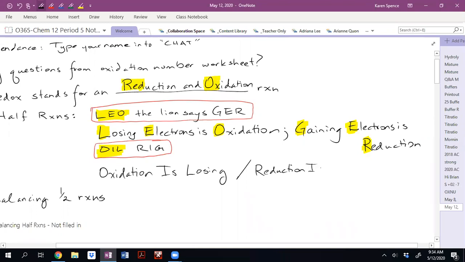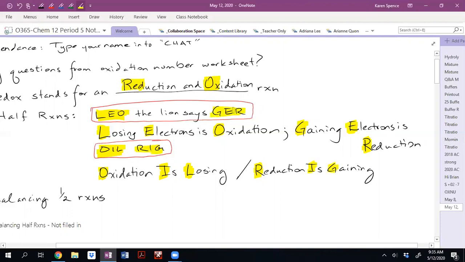Is, I for is, and G for gaining. I will let you know right now, when I was in high school, I learned Leo the lion says grr, so that's the one I will tend to use. But if you like oil rig better, that's perfectly good, okay? So either Leo says grr or oil rig.